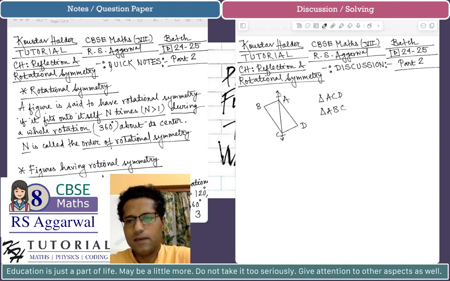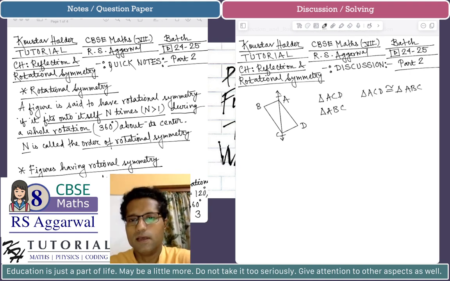Now it is clear that for any rectangle, triangle ACD will be congruent to triangle ABC. This is true, but this does not necessarily mean that the diagonal AC will be a line of symmetry, because triangle ACD and triangle ABC are not looking identical about the diagonal AC. What do I mean by that?